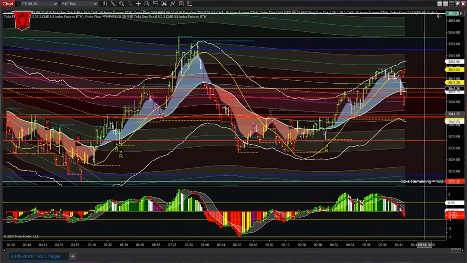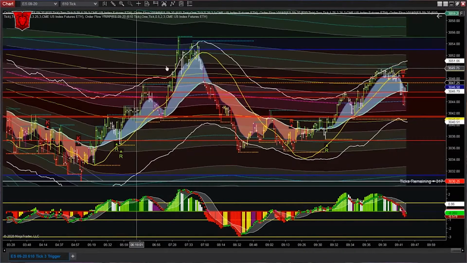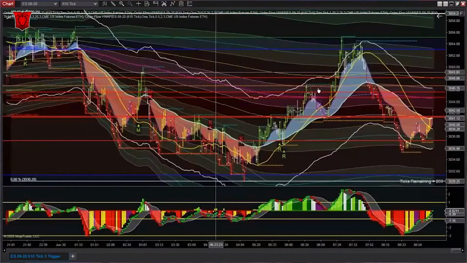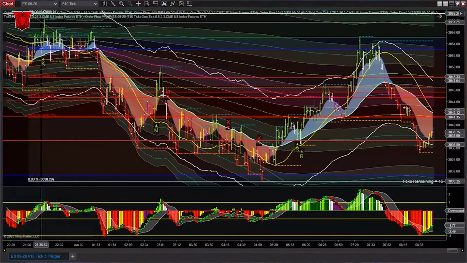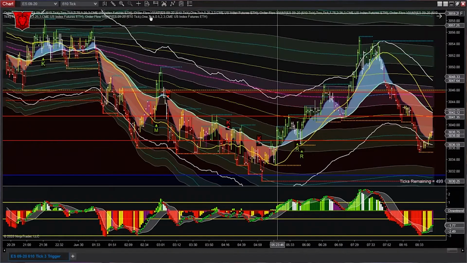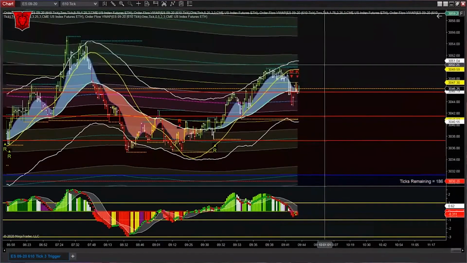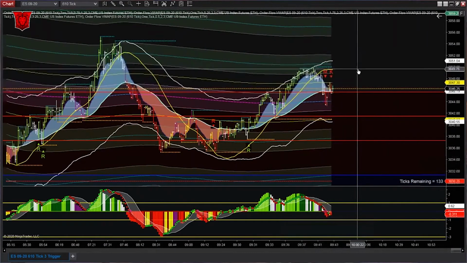Let's probably test this down. It's going to test at the VWAP, and then it's going to go back up. Like I said, it's going to go up. Here we are. So we'll take that one out. We have the overall, and now we're only dealing with the one Fibonacci.